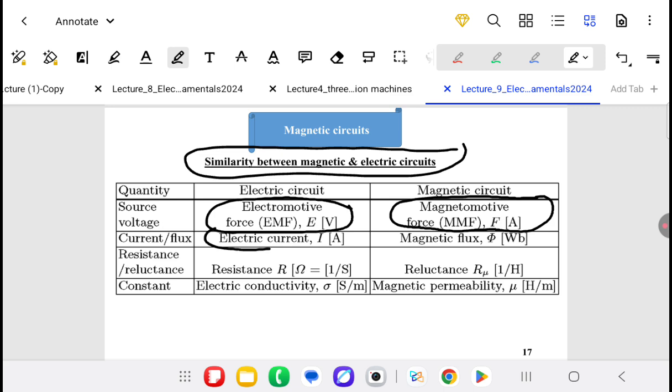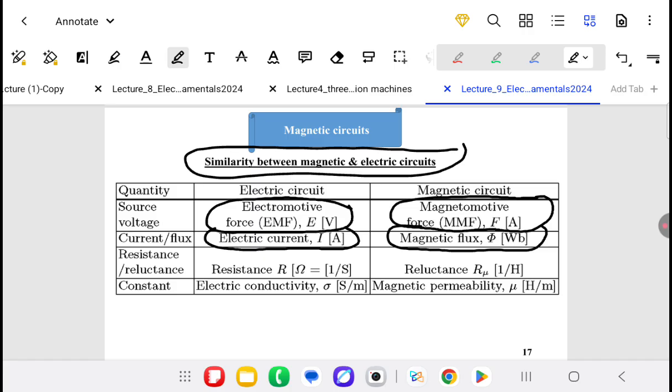The electric current in electric circuits, which is the passage of electrons in a wire, is similar to the magnetic flux phi, which is measured in Weber in the magnetic circuits.